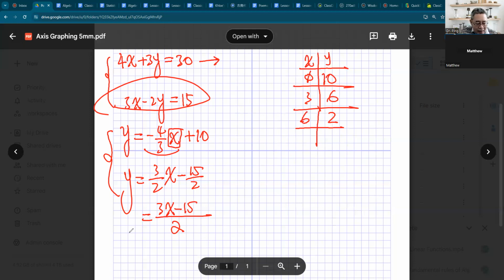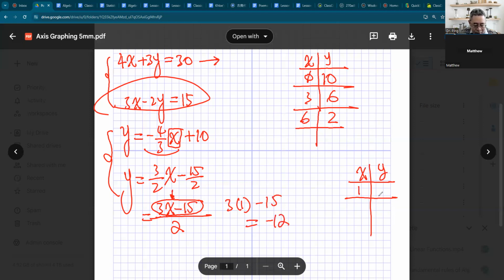And we can also do the second one. We got x, y. Now we can see that in order to make the whole thing an even number, x has to be odd. So if x is 1, 3 times 1 minus 15 is negative 12, divided by 2, so it's negative 6.